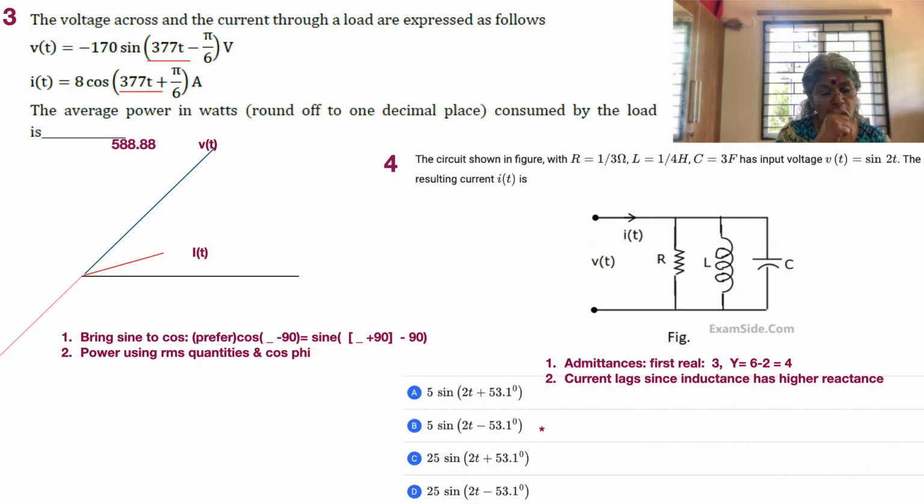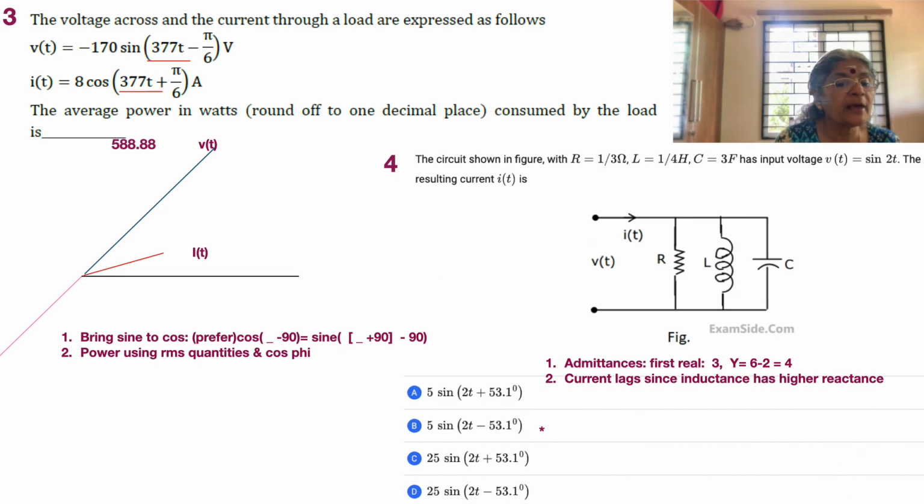So first we plot. First, of course, as before, let's convert from sine to cosine, so the negative sign is retained, and the negative sign is good because only in that case it becomes a load, that is, the current and the voltage are in opposite direction. Now let's draw v(t). It is sine(377t minus pi by 6). So let's add pi by 2 as well as remove pi by 2, so it becomes cosine.